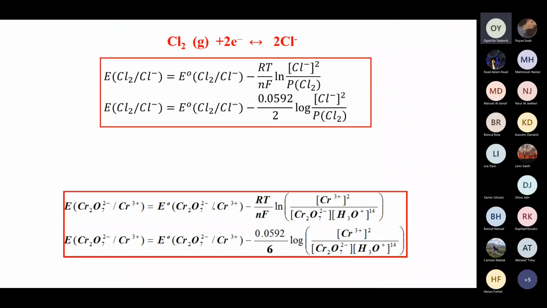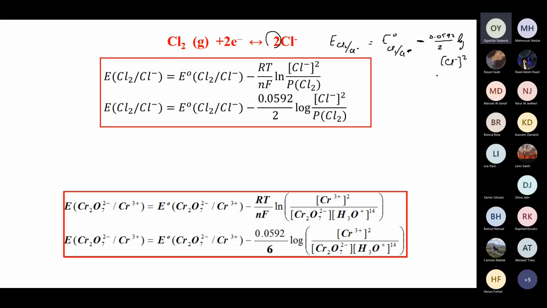Let's do the E of the Cl2, Cl- becomes E naught of Cl2, Cl- minus 0.0592 over 2 log Cl- squared, because we have 2.